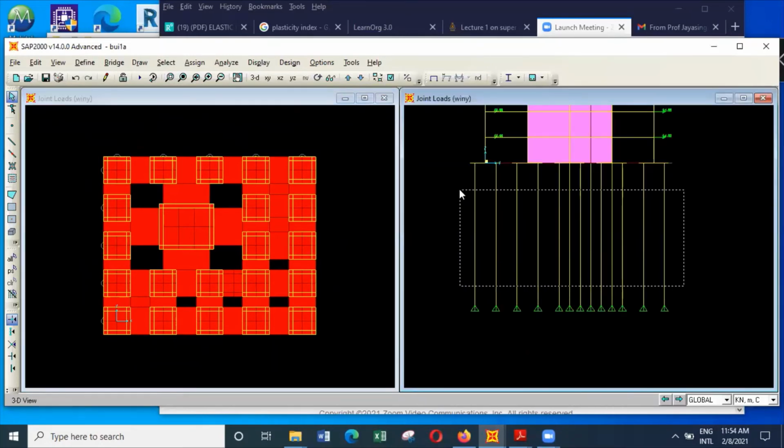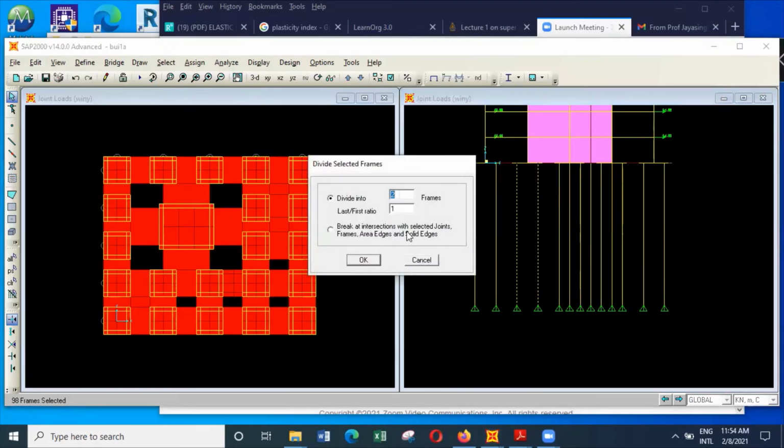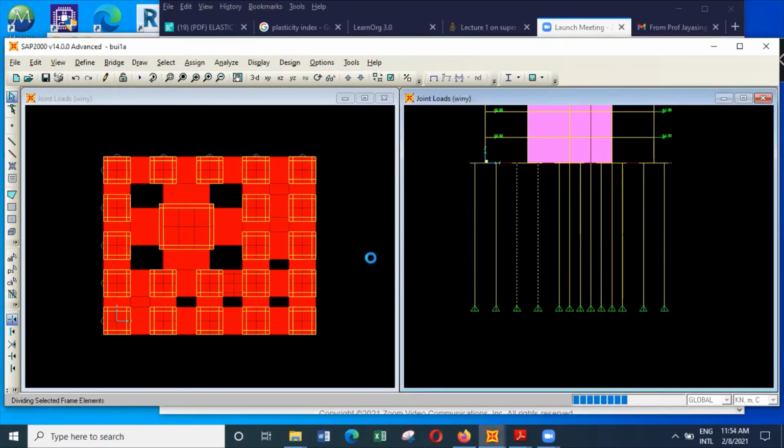And then what I do is I can divide the piles. I will consider that I'm applying a spring constant at every 2 meter interval. So I can divide it into 10 components. So here you can see now the piles are all divided at 2 meter.